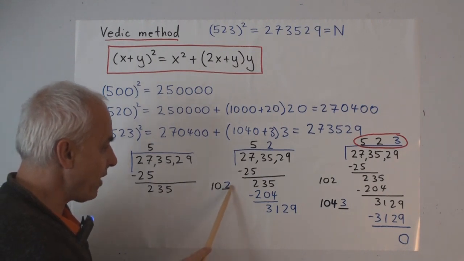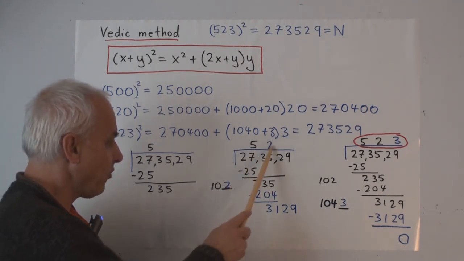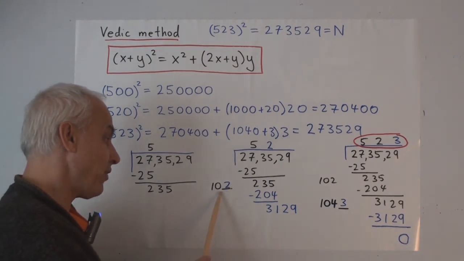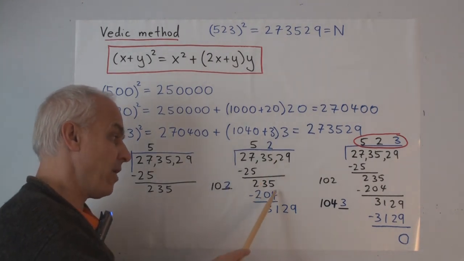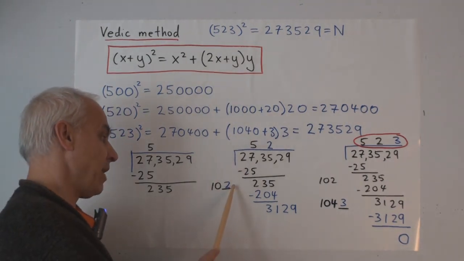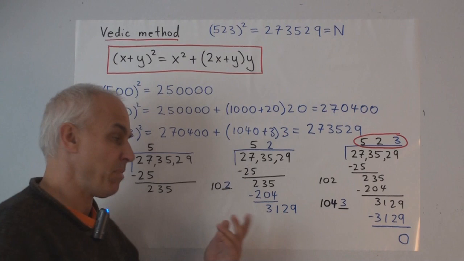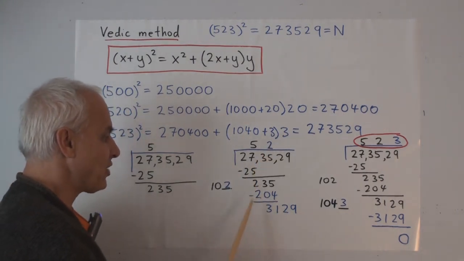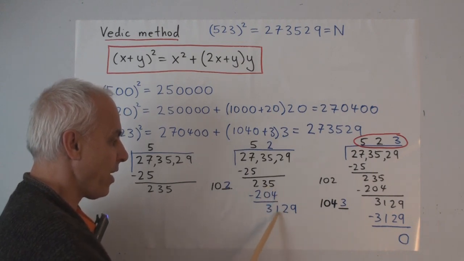So if we tried 1, for example, we would have 101 times 1. Well, that would be less than 235. But 2 also works. 102 times 2 is 204, which is less than 235. 3, however, would be too big, because 103 times 3 would be bigger than 235. So 2 is the right number, and we subtract 204 and we get 31.